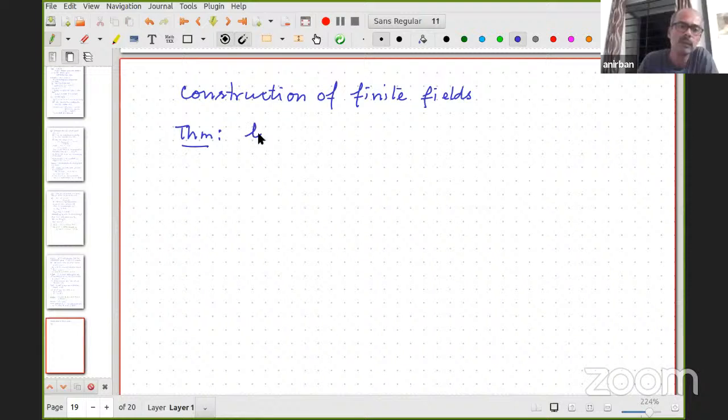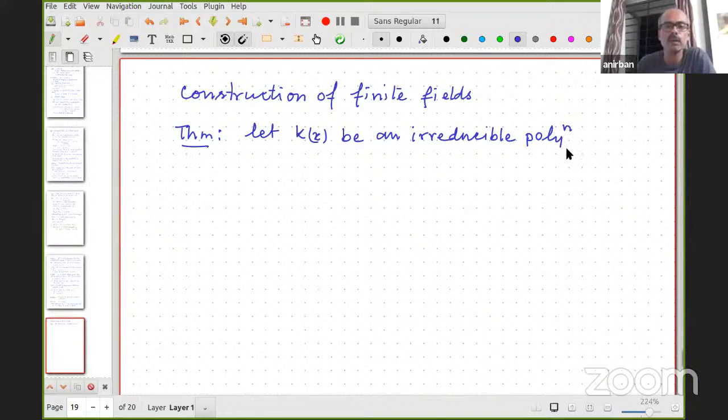So construction of finite field, and I write it as a theorem. Actually we don't need monic. So we take an irreducible polynomial, which cannot be factored into polynomials of smaller degree, of degree r in F_p[x].